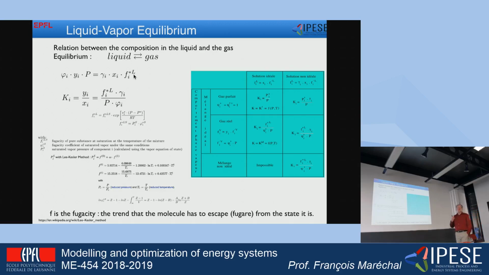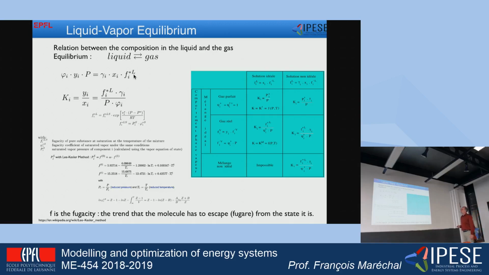So it means that the molecule, when I'm leaving the system alone, will be in equilibrium in the sense that it will have the same interest to go from the liquid to the gas state as to go from the gas to the liquid state. So this is the equilibrium, it goes in both directions.